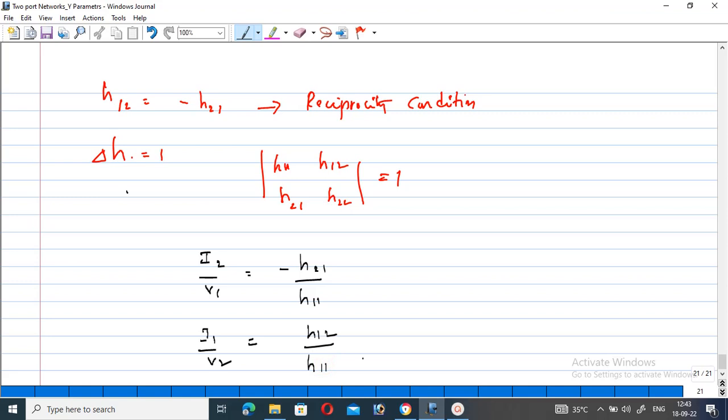So if V1 and V2 are equal, the left side of the equation is the same in both. Therefore, it satisfies the reciprocity condition, that is nothing but H21 is equal to minus H12. This is the reciprocity condition for H parameters.